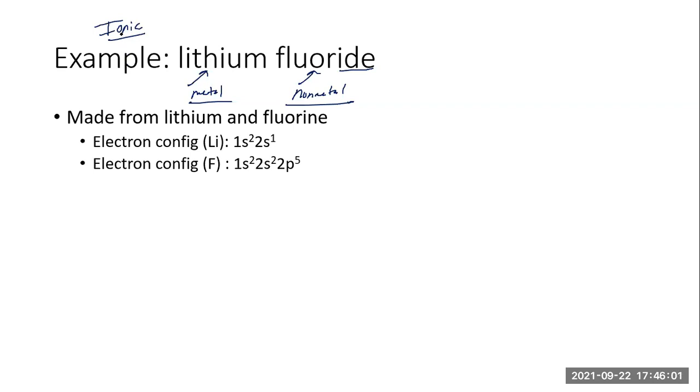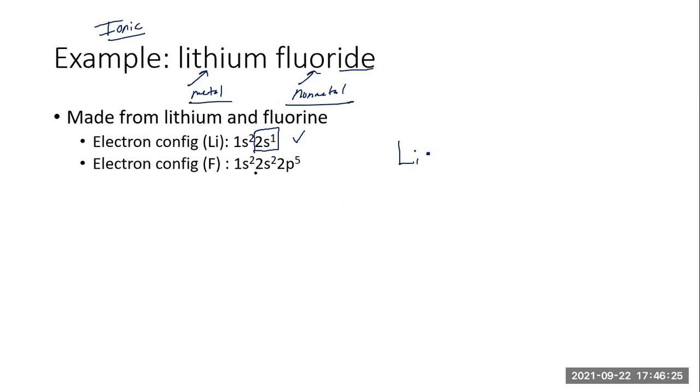So what happens when we take a lithium ion and a fluoride ion and they come together to bond? Well, here's the electron configuration for both of them. Lithium, which is group 1, has one valence electron, which means we could draw the Lewis dot symbol for it, which would look something like this.